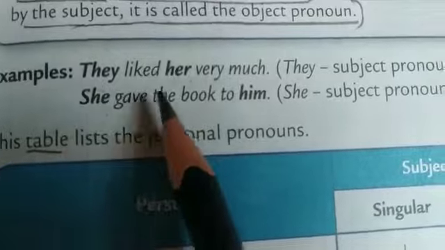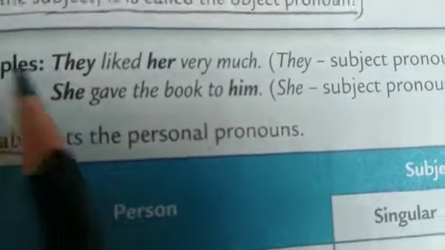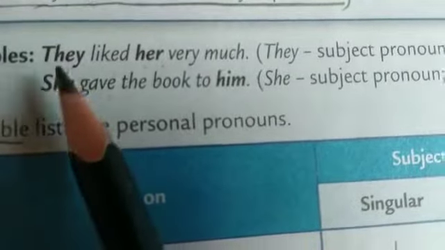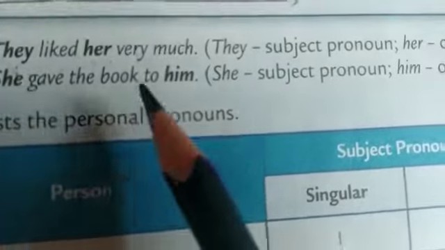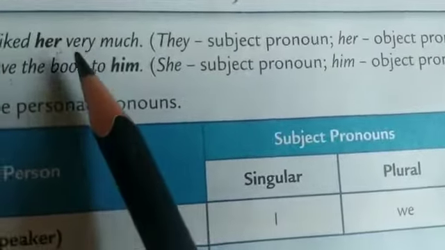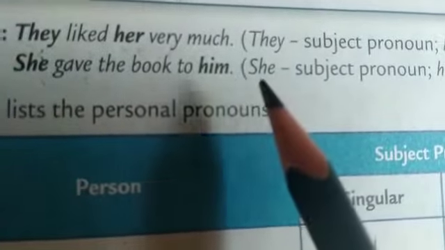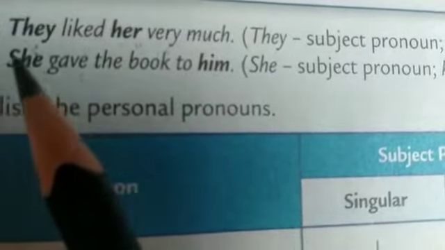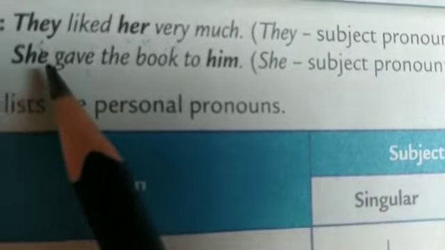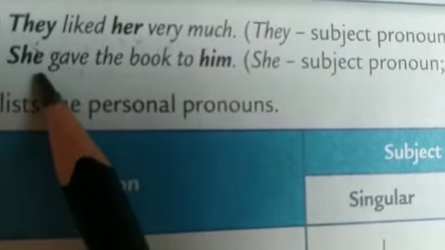For example, they liked her very much. Here they is the subject pronoun and her is the object pronoun. She gave the book to him. She is the subject of the sentence and hence here it is the subject pronoun.